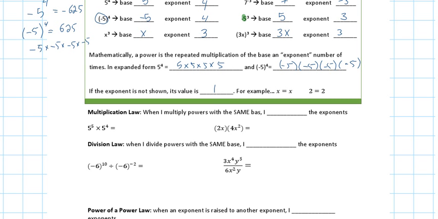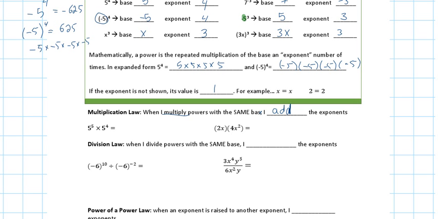So the rule says that if I'm multiplying two powers or more than two powers with the same base, what do I do with the exponent? I add the exponents. Now, there's a few words here that we have to be careful with.